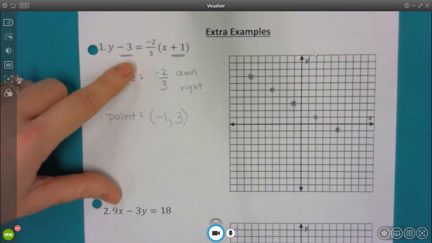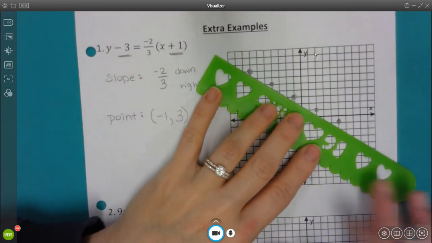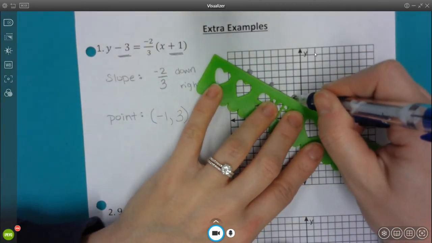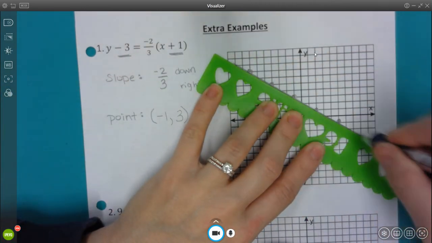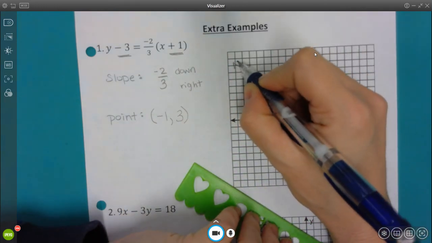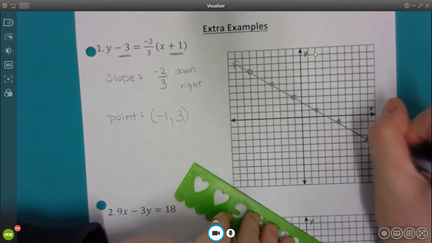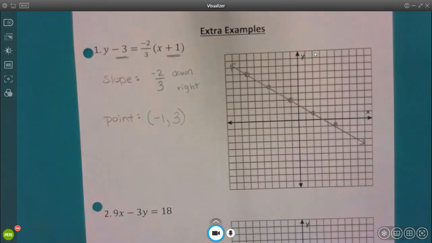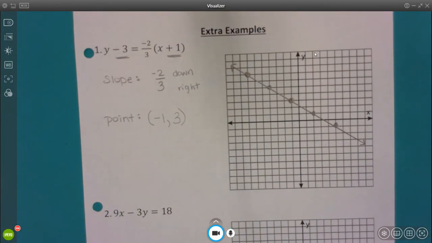Now I have 5 points here, so I'm going to go ahead and take my ruler and connect the dots. And again, I'm making my line thicker just so you can see it better on my picture. So that's another example of graphing in point slope.